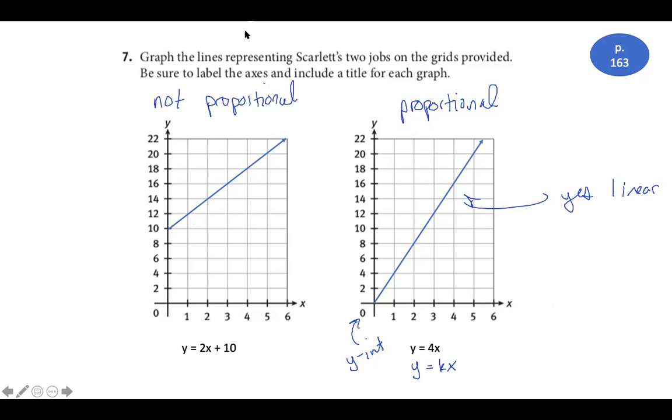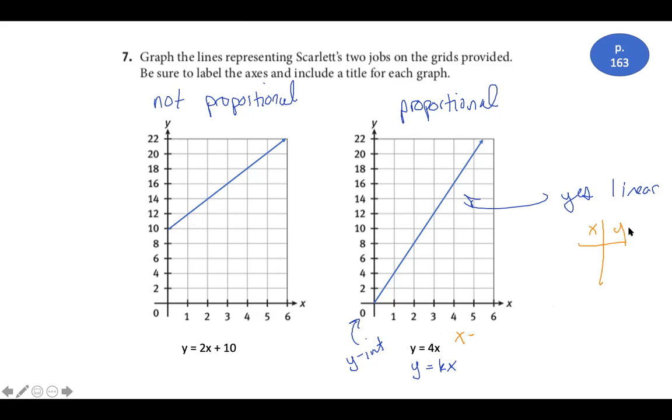Let's look at our other criteria. The other criteria was if you multiply the input by 2, the output would be multiplied by 2. So here, my input is 4, right? If I multiply 4 times 2, I'm going to get 8. So if I multiply the input of x, let's put it in a table.